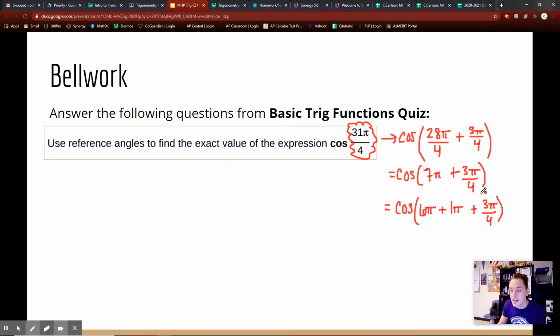Well, think, guys, think. This is 6 pi, which means it goes around 3 different times. So if it goes around 3 different times, I want to find the reference angle and ultimately the exact value. Do I care really that it went around 3 times before I actually figure out what this value is?